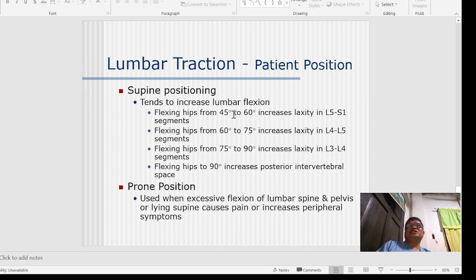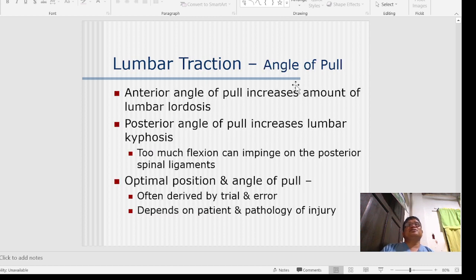So as you increase the angle sa hip flexion, taas pod ang level sa area kung unsa imong gina-target dito sa lumbar area. So prone position is only used with excessive flexion of lumbar spine and pelvis, or lying supine causes pain or increases peripheral symptoms.